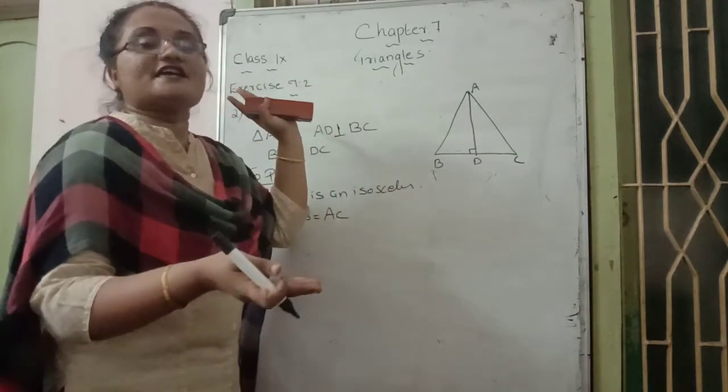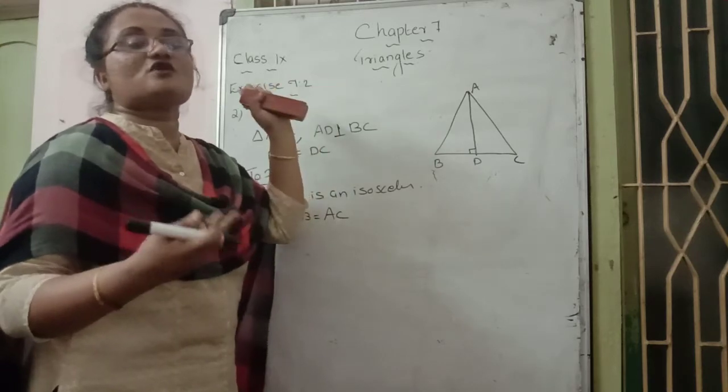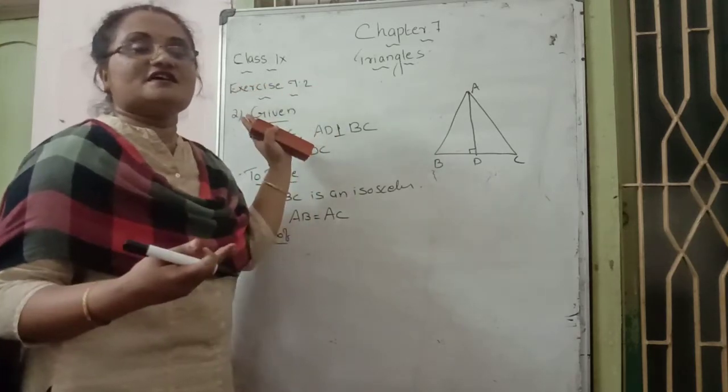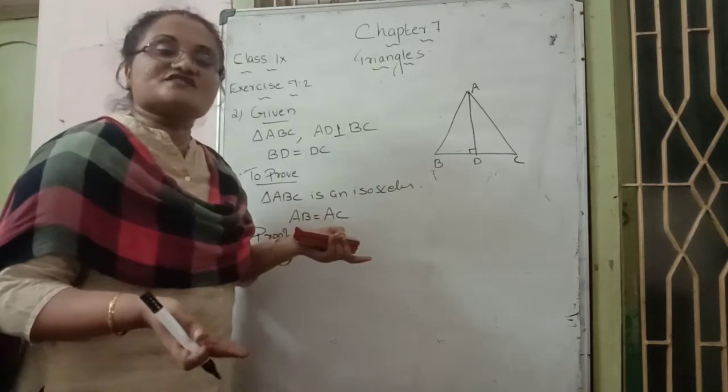That's why, since AB and AC are equal, triangle ABC is an isosceles triangle.